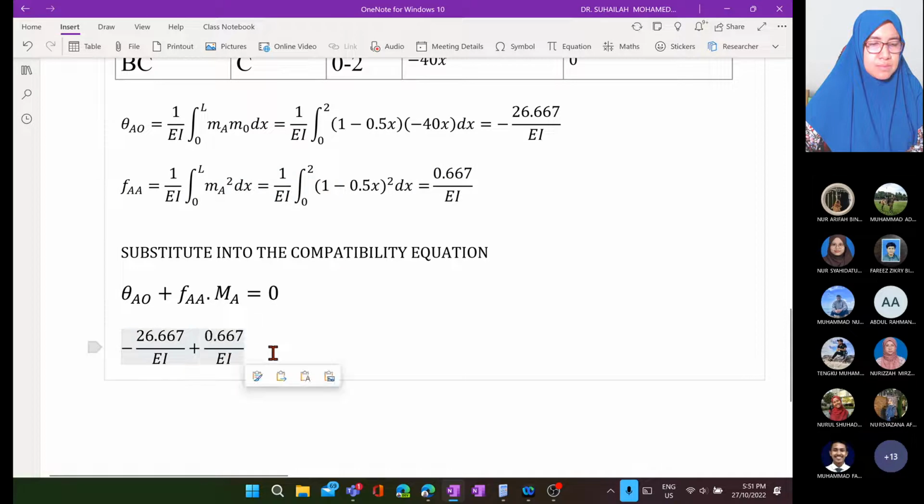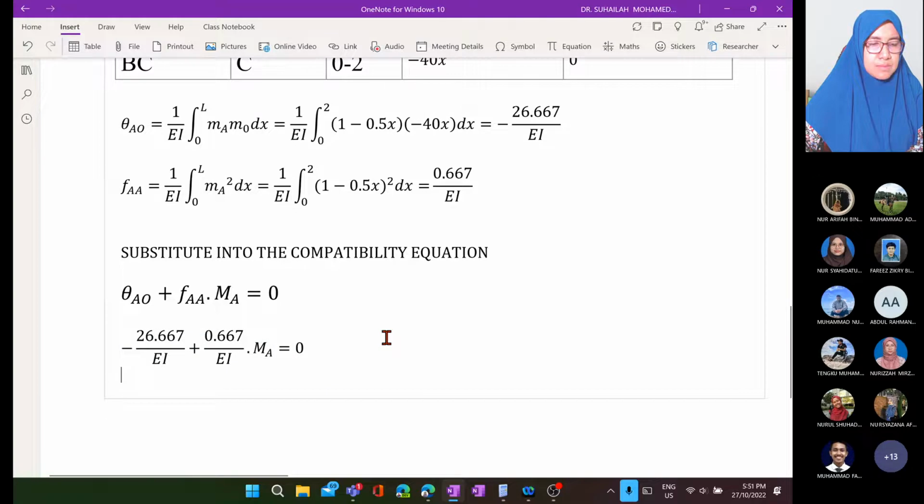Don't forget, for a redundant system, all the values in the redundant system, displacement or reaction, we must times with the redundant, MA. So this is equal to 0.